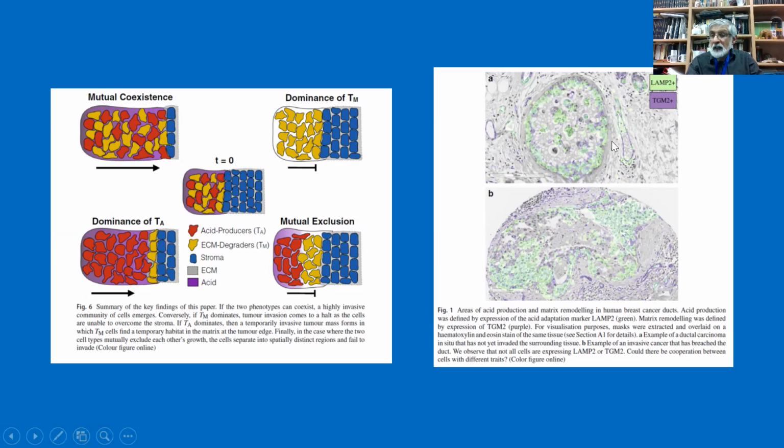The purple cells are the cells that degrade the matrix. And what you can see is they look like they're mixed up, but obviously we would need to do a lot more experiments and a lot more detailed investigation of this to see whether this has anything to do with what's going on here.